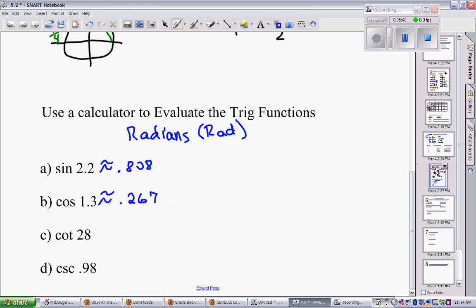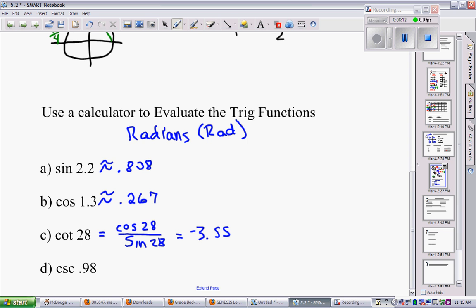If we want the cotangent, we have to plug it in as the cosine of 28 over the sine of 28. So cosine of 28 divided by sine of 28. And you do get a negative. Negative 3.55.